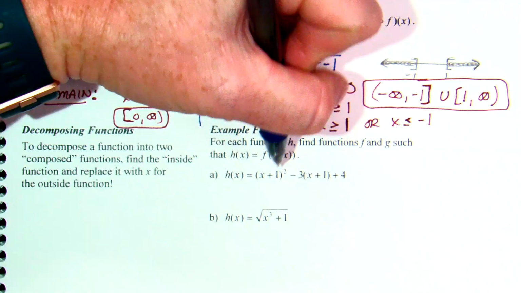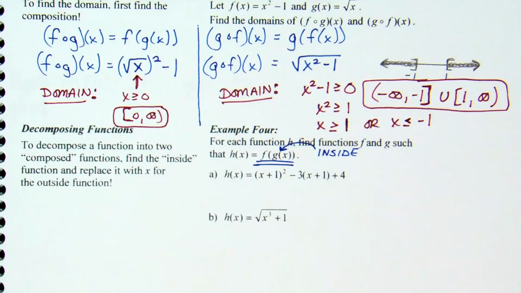That's what we want to look at. And so we're trying to figure out f of g of x, which means g of x is your inside, whatever you would put into f of x. F of x then is your outside. So I guess what I'm trying to ask you to do is to come up with what would be an inside function and what would be an outside function.